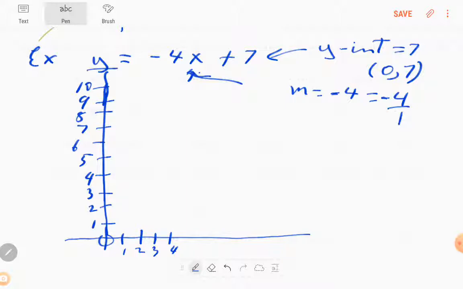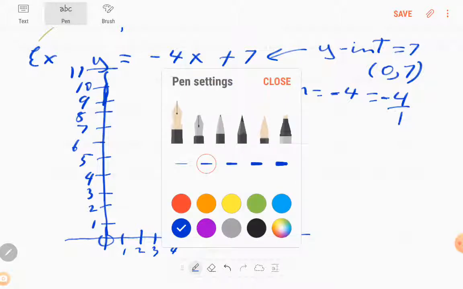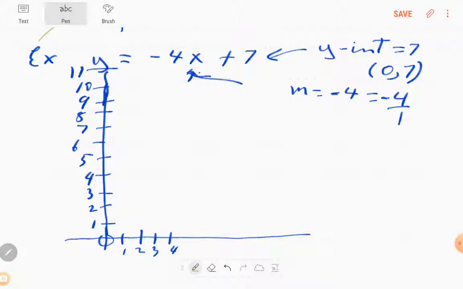So here we start at (0, 7). Because it's negative, we're going to go down 4 units. So we have 1, 2, 3, 4 units down, and then 1 unit over to the right.